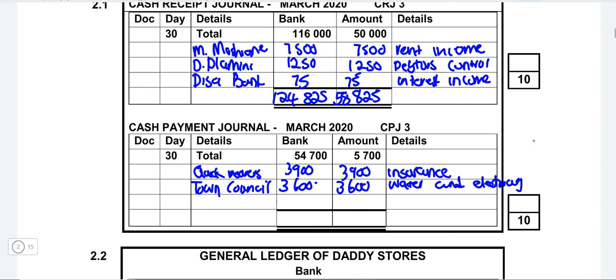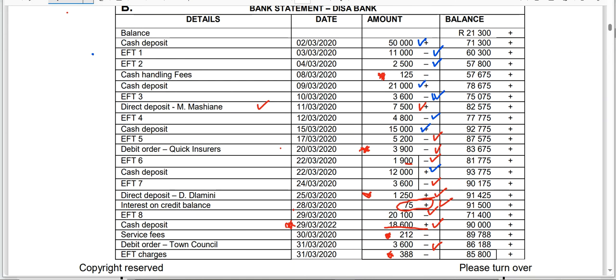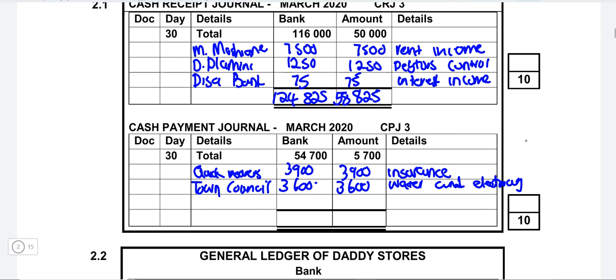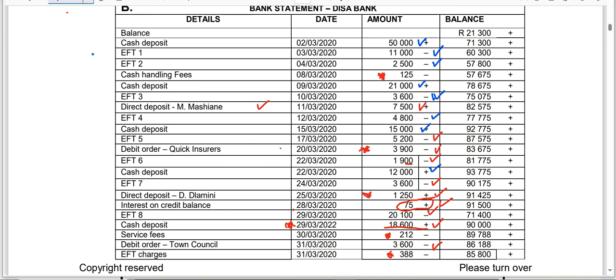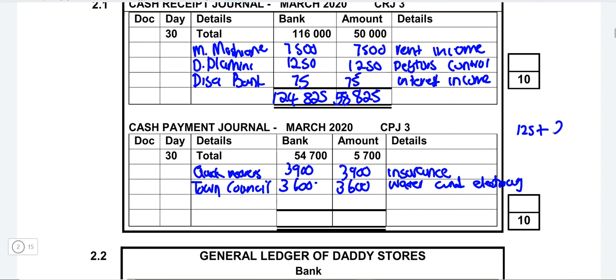So I'm going to add them here so that you can see. Remember, we are going to say 125 plus 212, and then also plus 388.